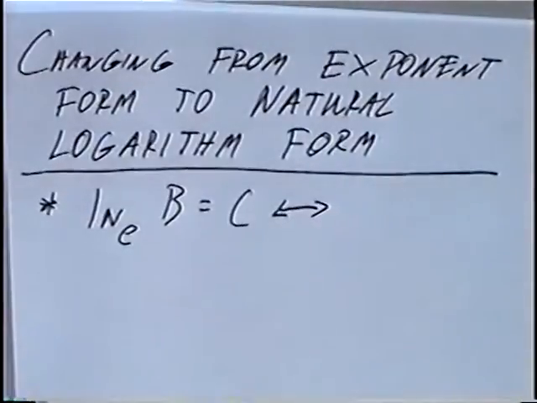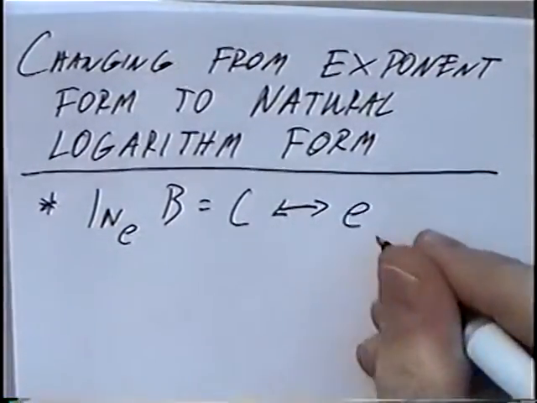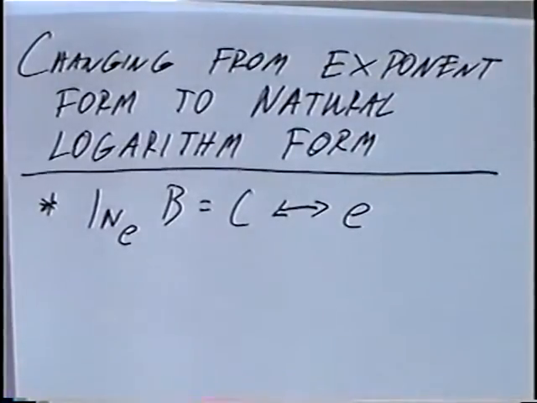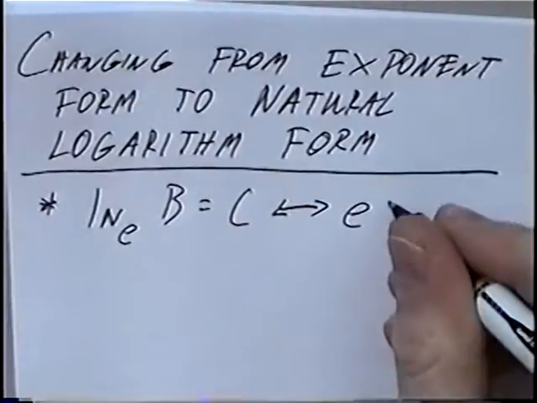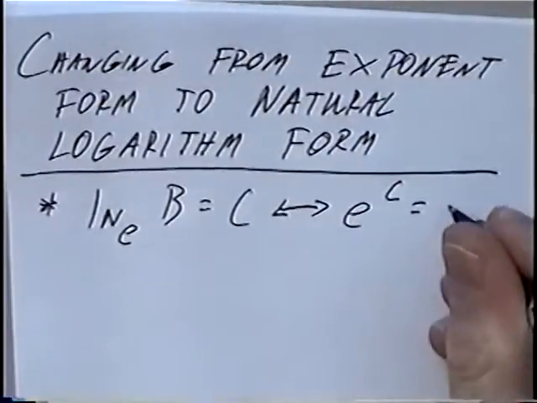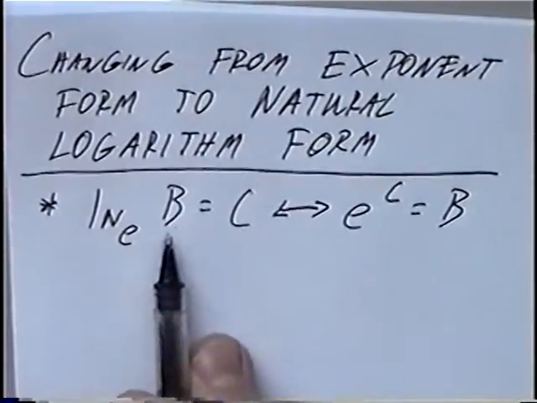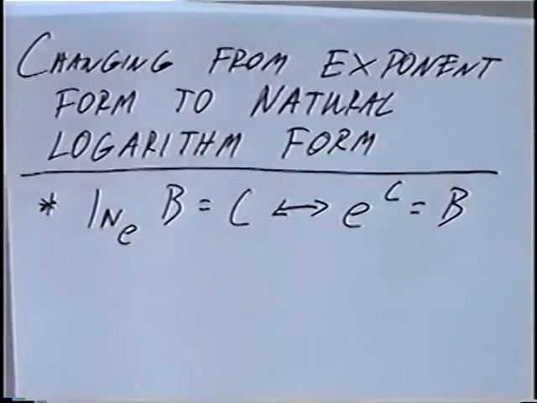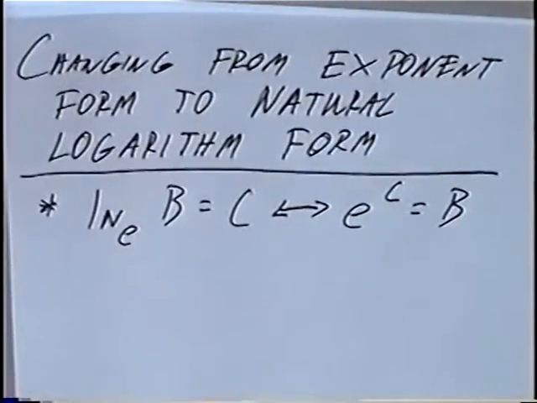Switching this into exponential form, the base e will become the base for the exponential form, and similar to the log equation, b and c will switch sides. So c will become the exponent, and we'll have it equal to b. So the natural log of b base e is equal to c is the same as e to the exponent of c equals b.